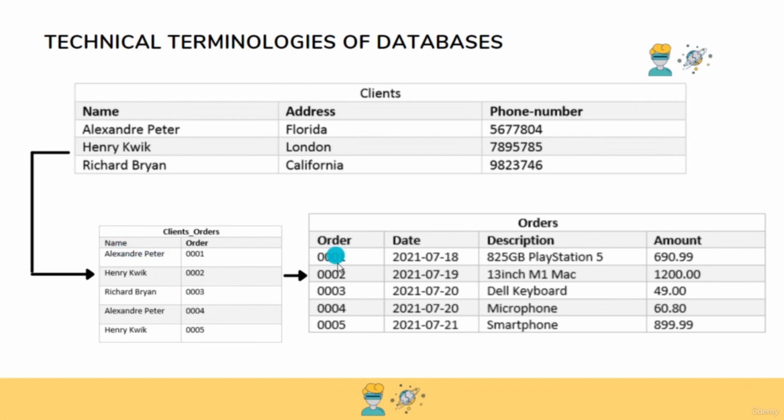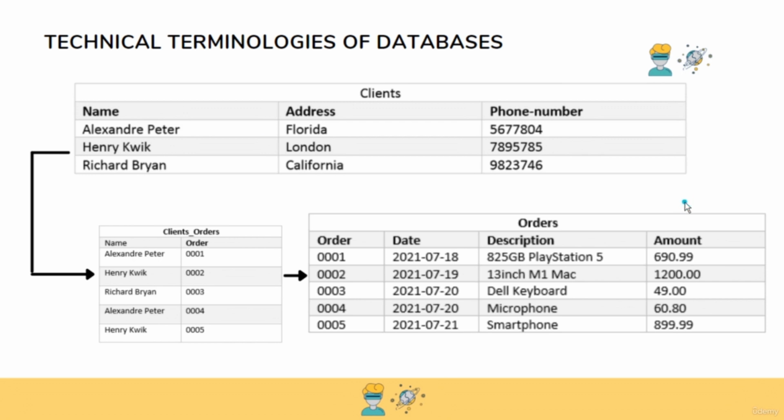Simply. For example, here we have order 0002 and the name Harry Quick. We know that Harry Quick in our clients corresponds to this row. His address and phone number is this one, and the details of the order are here.